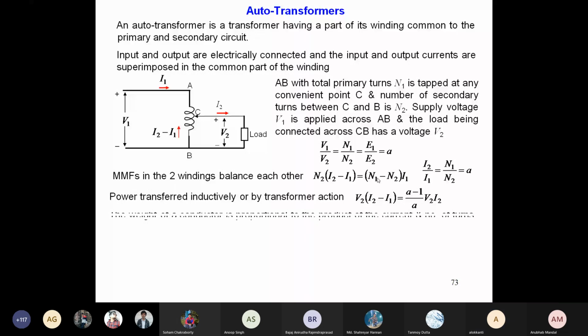Now we find out the weight of a transformer. Suppose we compare the weight of a transformer. The weight of a conductor is proportional to the product of the current and the number of turns.